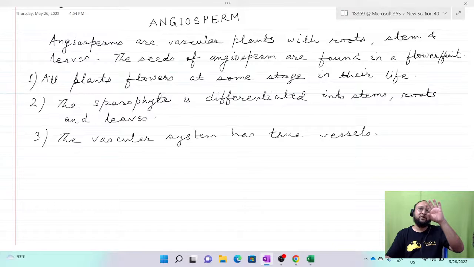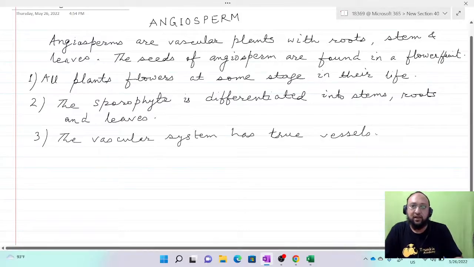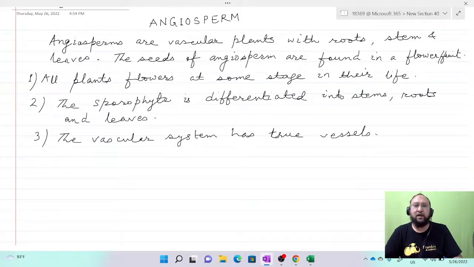There are 4 elements of xylem tissue: tracheids, vessels, fibers, etc. In angiosperms, since these are highly evolved, the vascular system is well specialized and evolved. So true vessels are present.